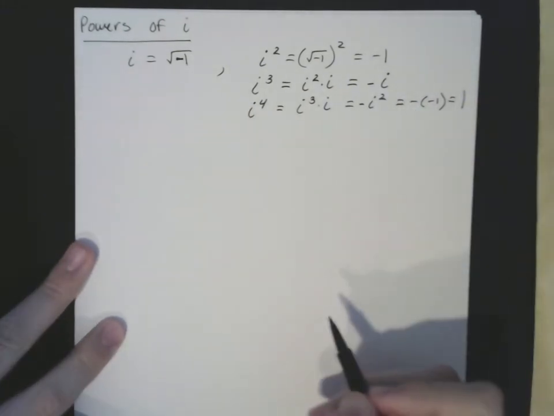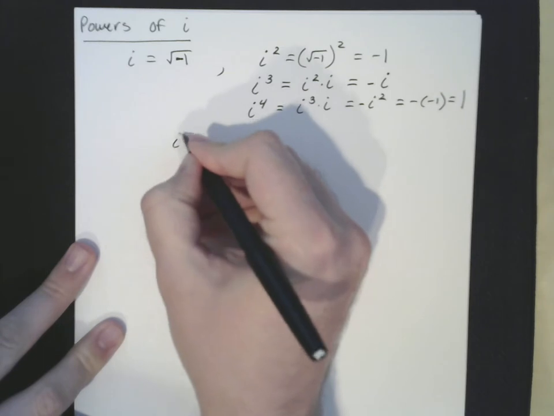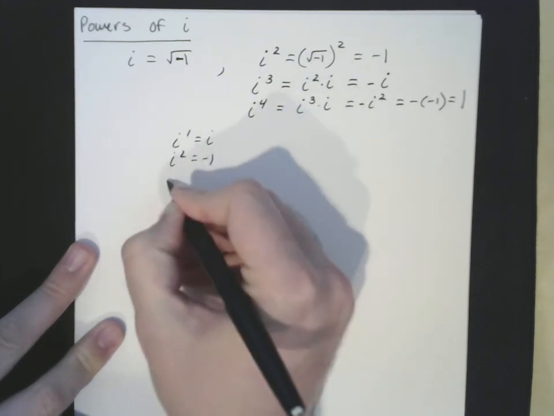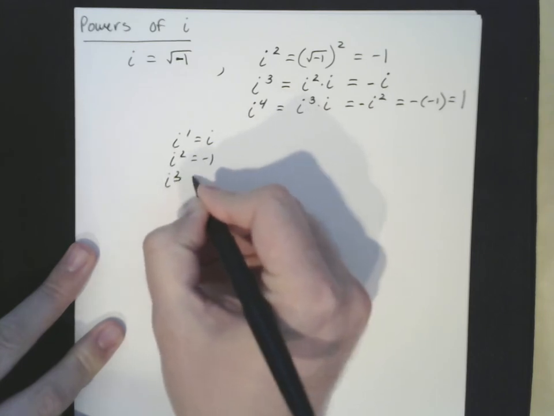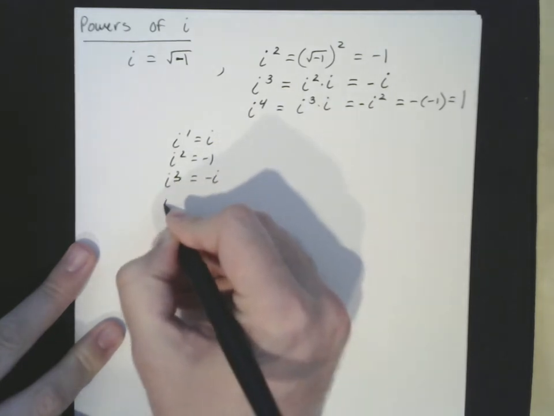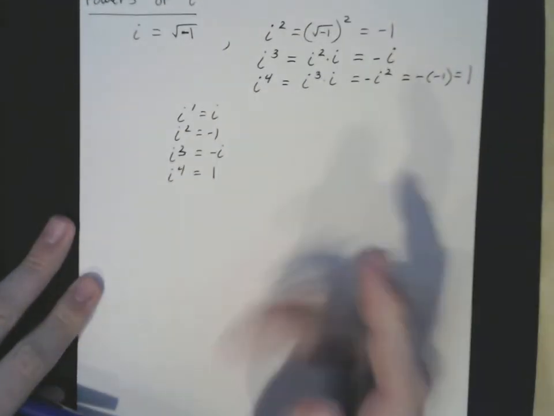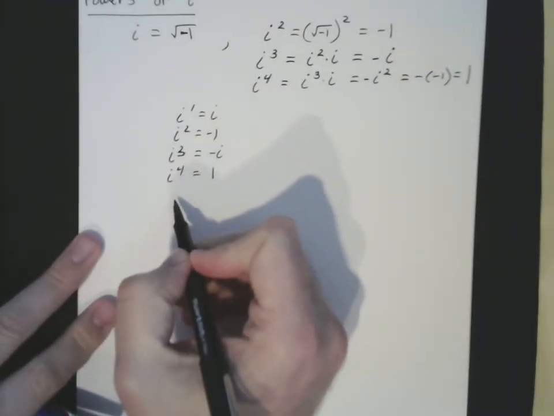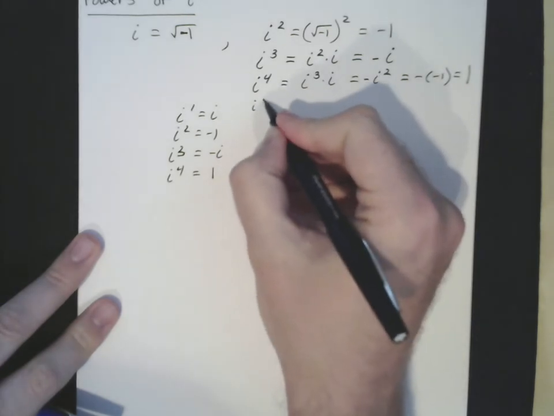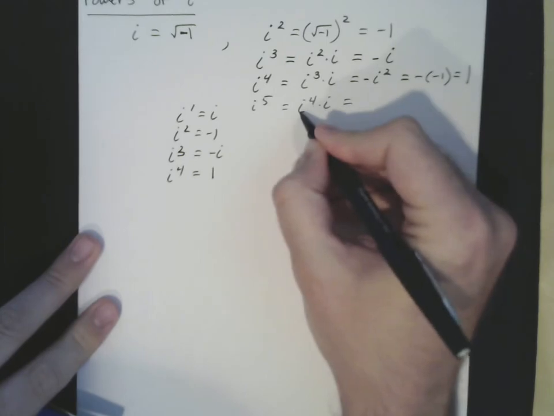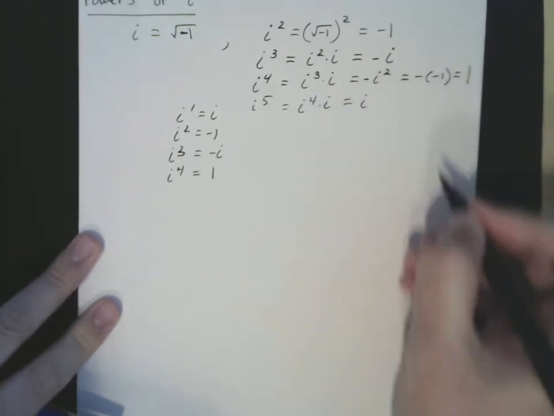So this is how our powers of i work. We have i to the first equals i, i squared equals -1, i cubed equals -i, and i to the fourth equals 1. And then once we get to i to the fifth, i to the fourth times i is 1 times i, so this is just i.